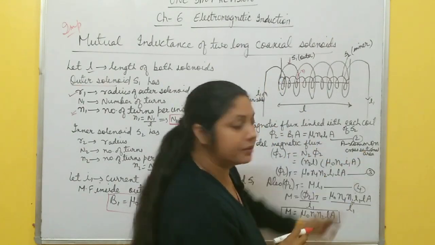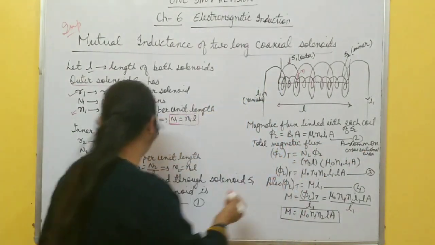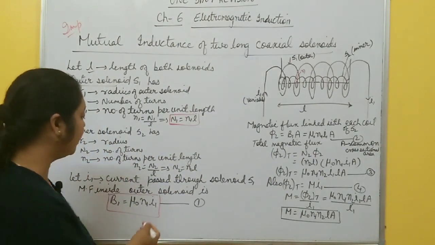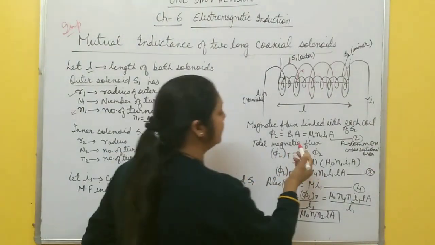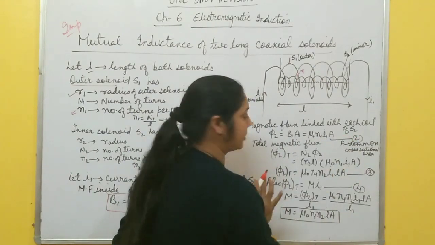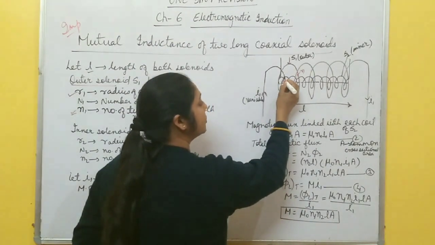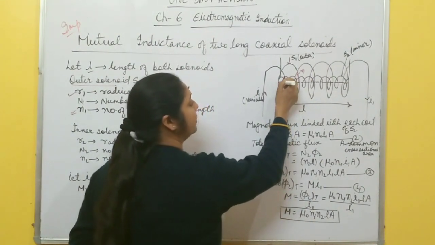So phi 2 is B1A. You put the value of B1 from equation 1, mu naught n1 I1. So phi 2 becomes mu naught n1 I1 into A, equation number 2. This is the magnetic flux linked with each coil, meaning one coil of the inner solenoid.